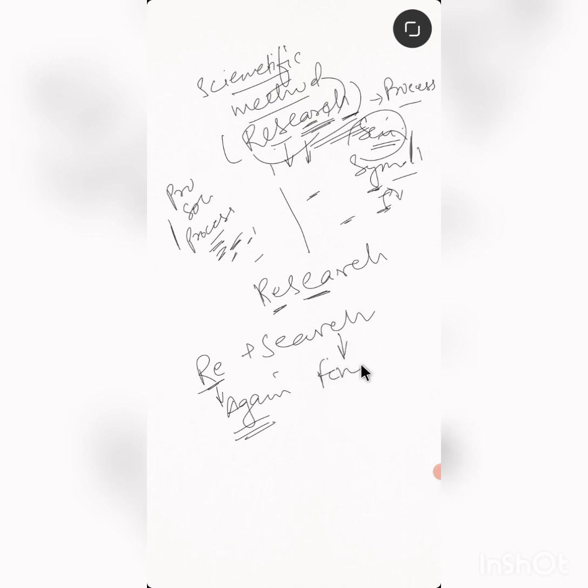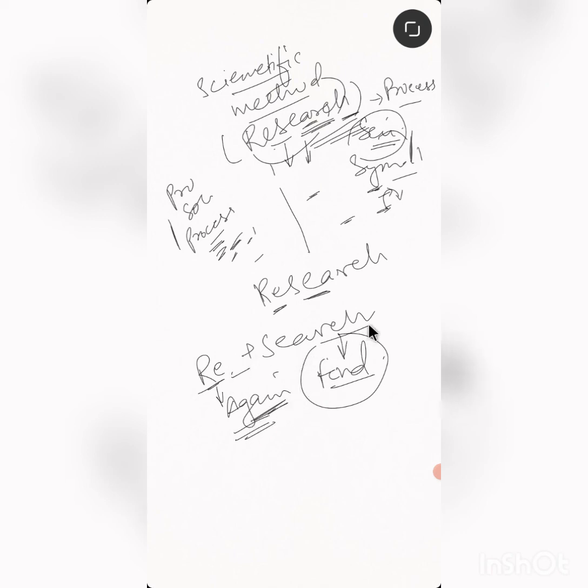So now comes to the research. What is research? Basically, if we divide this term into re plus search, then re means again and again. It means doing a thing again and again. Search means find. It means finding anything again and again.